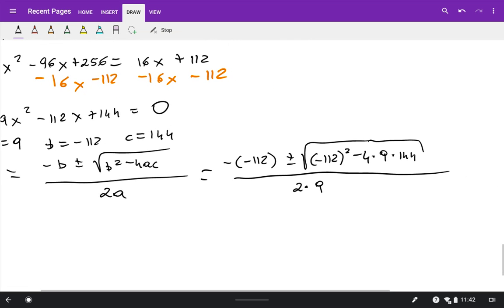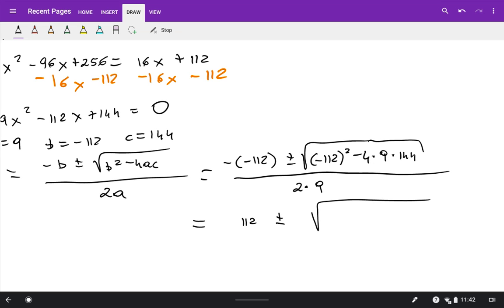So I'm plugging everything into the quadratic formula. So we end up with 112 plus minus. Let's simplify the number in the radical. 112 to the second power, that's 12,544. And then we have 4 times 9 times 144.